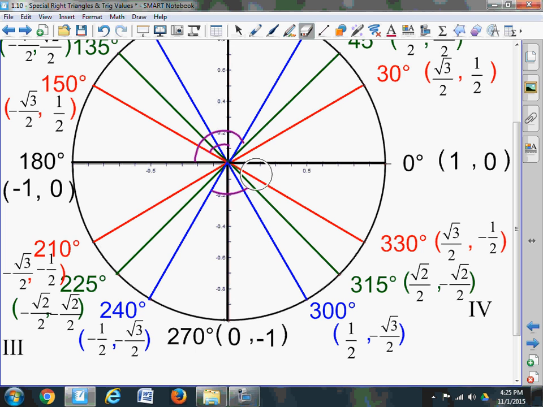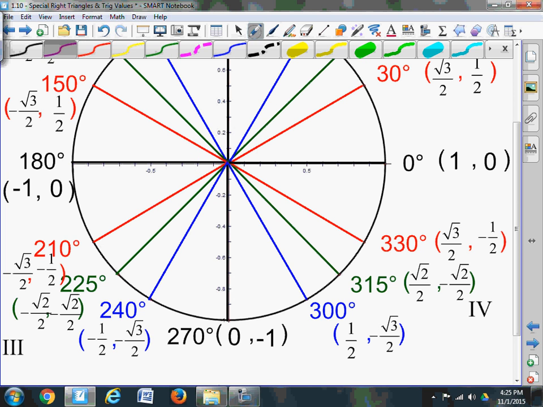Same thing if I was going in the negative direction, let's say negative 1200. We'll look at this more in detail in the next tutorial. But if I'm going the negative direction, I'm going to go clockwise.